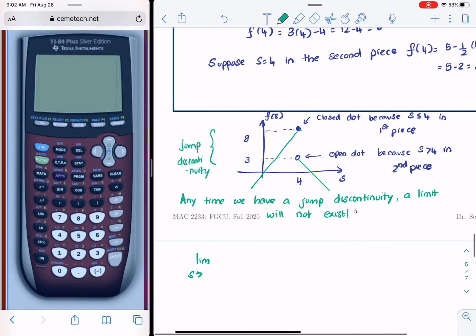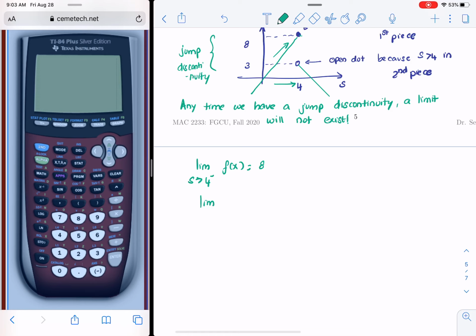So as I approach 4 from the left-hand side, I would end up getting 8, so getting closer to 4 on the x-axis, the y value is approaching 8.